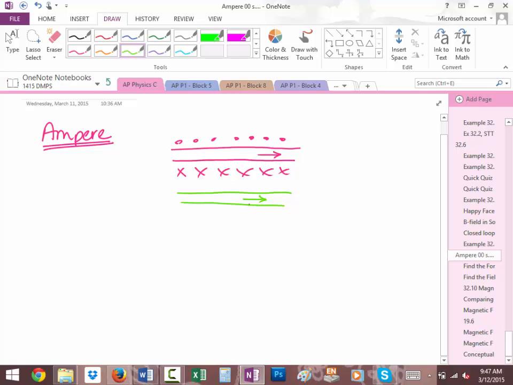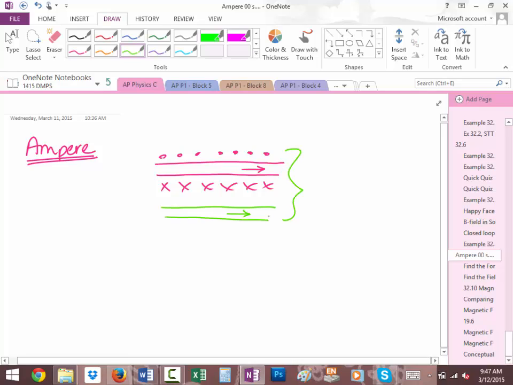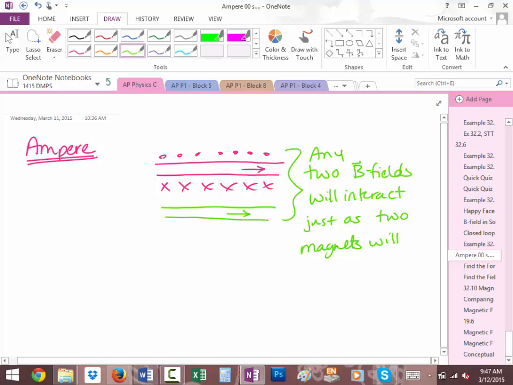So his idea was that any two magnetic fields will interact, repel or attract depending on how they're aligned, just as two magnets will repel or attract. Okay. So that was the idea.